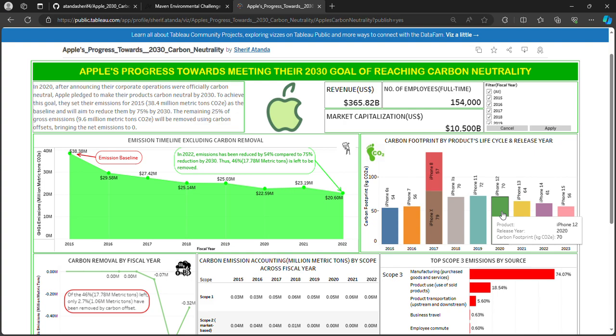So from iPhone 12, which was produced in 2020, the value for the carbon footprint was 70, so down to 64, to 61, and to 56 as at this year. Yes, so we can see that Apple is moving towards their goal of reaching carbon neutrality.